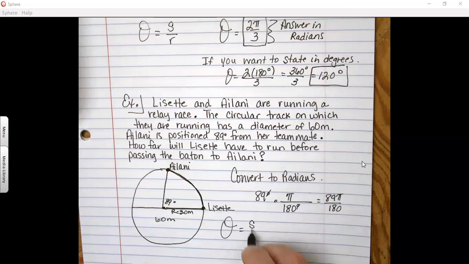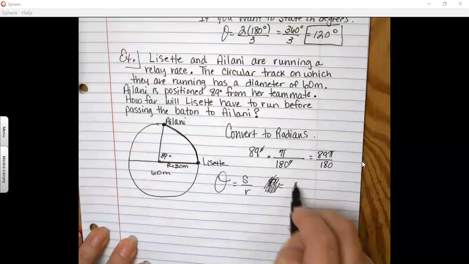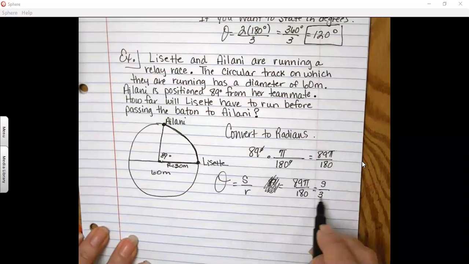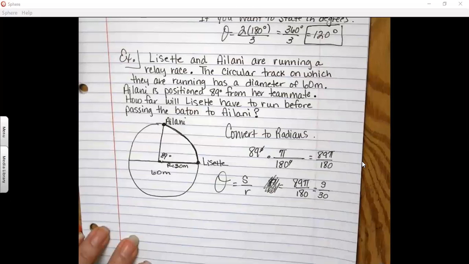I'm looking for my arc, so I'm going to leave an S in the numerator. And my radius is 30. So I'm just going to find the cross product. You could also multiply both sides by the least common denominator and get rid of the fractions that way, but I just feel like finding the cross product is easier. So let's see, 89 times 30 is 2,670 pi.